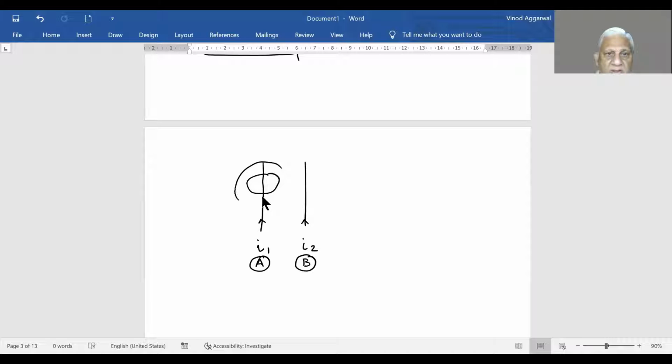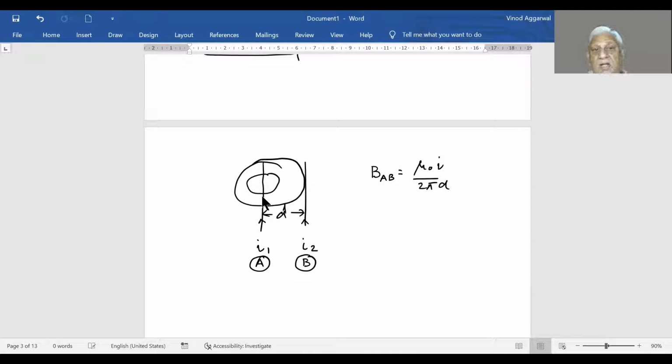The magnetic field is going to be like this. We have seen that the magnetic field B because of A on B is given as mu naught I by 2 pi d, if d is the distance.